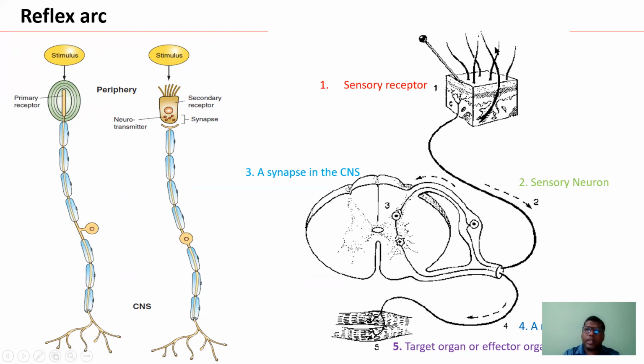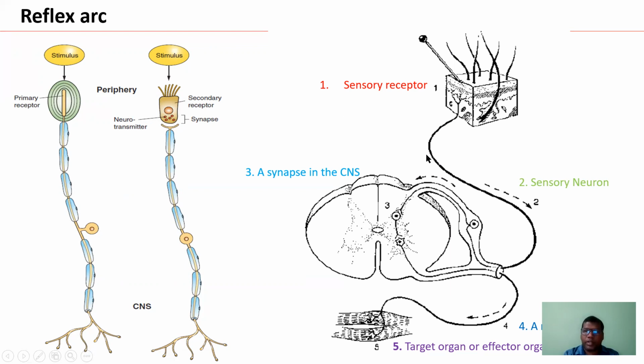For example, in the skin, we have hair. The nail punctures the skin. Here we have the pain receptors, free nerve endings. These receptors convert this sensation into action potential. That is their work, transduction: they convert the stimulus into action potential, an electrical potential.